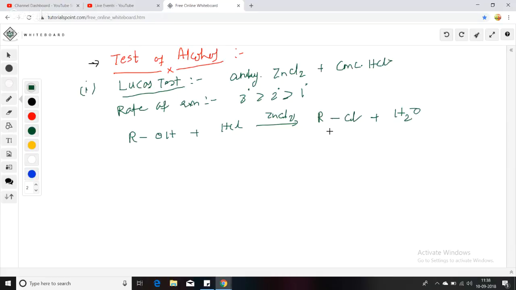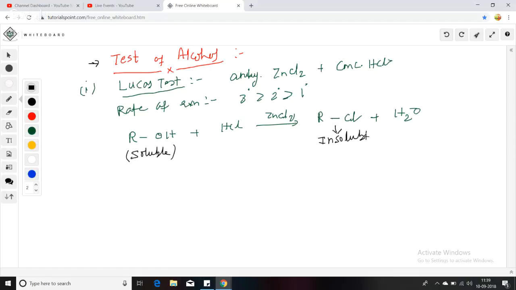We always get alkyl chloride here, not any halide, because we are using HCl. Now the important point here is: this alcohol is water soluble, because of hydrogen bonding. We have discussed this. Alkyl halide is water insoluble.